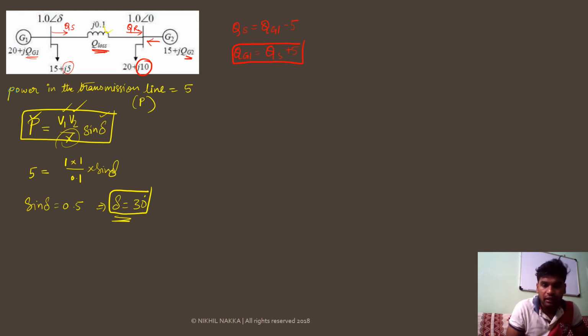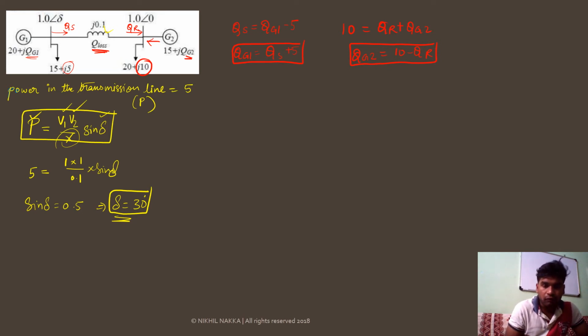So QD2 is 10 units of reactive power, so 10 is equal to Q received plus Qg2. From this, Qg2 is equal to 10 minus Qr. So we will just keep these equations aside. They will be helpful once we finish finding out the other things.